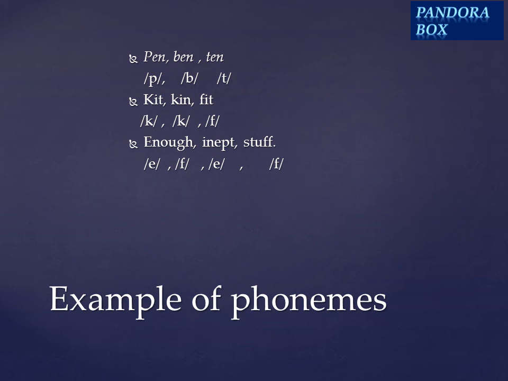In enough, E is giving the A sound, and in inapt, I is giving the same A sound. They are different letters but give the same sound. In enough, at the end, GH is giving the F sound, and in stuff, double F is giving the F sound. These are the transcriptions written in slash marks. These are the phonetic language.